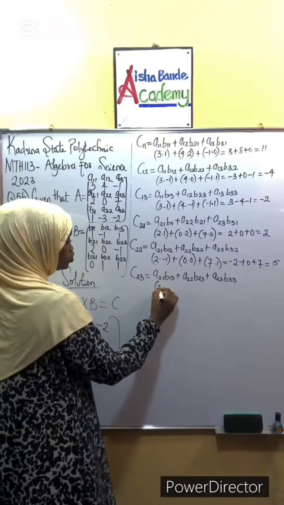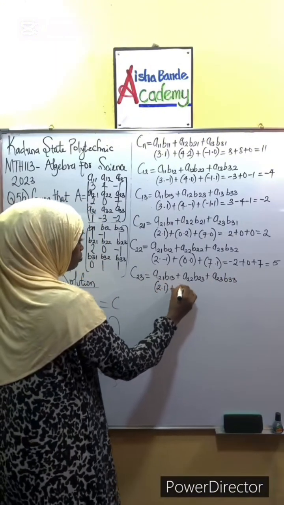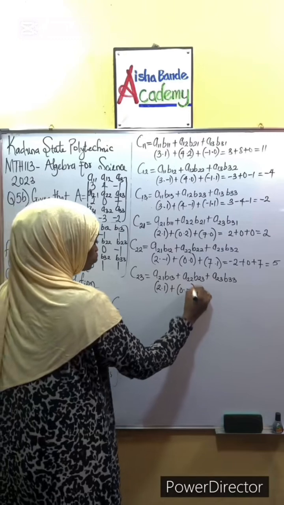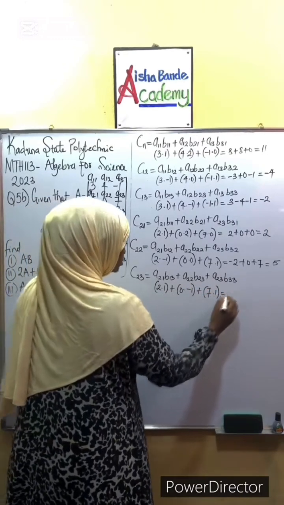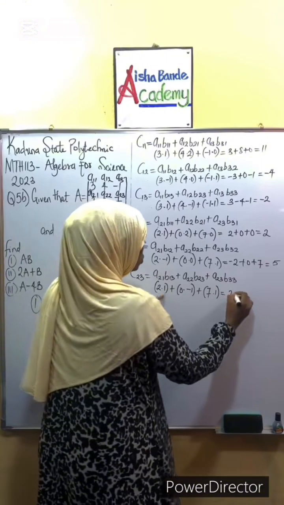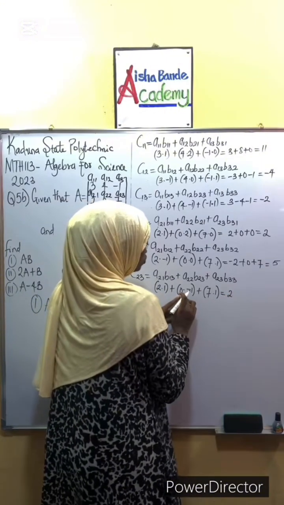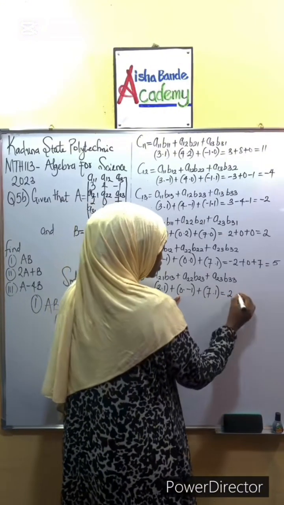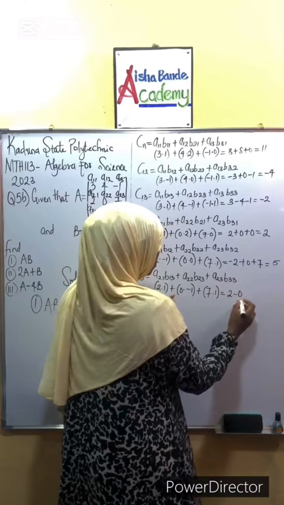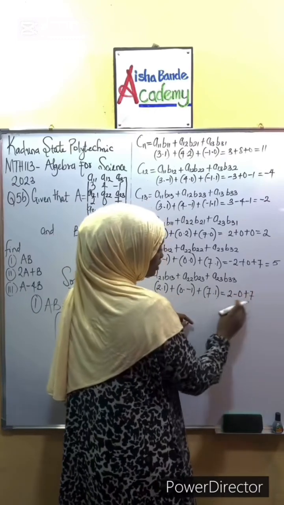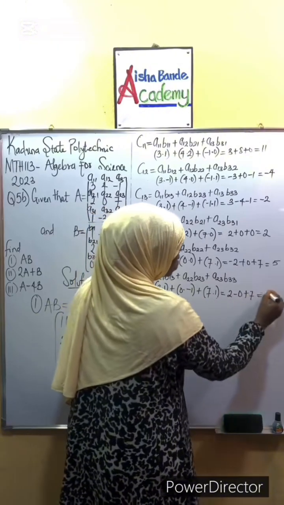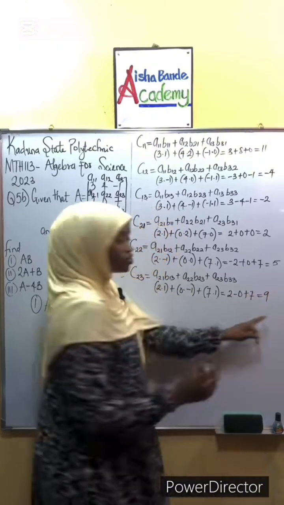Here it is 2 multiplied by 1, plus 0 multiplied by minus 1, plus 7 multiplied by 1. Simplifying, 2 times 1 is 2, then 0 times minus 1 is 0, plus 7 times 1 is 7. So we have 2 minus 0, which is still 2, and 2 plus 7 is equal to 9. That means C23 is equal to 9.